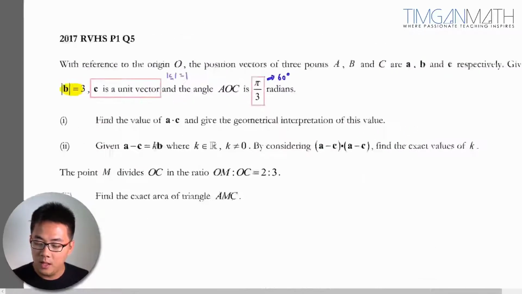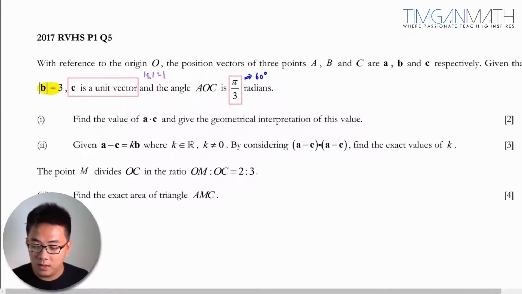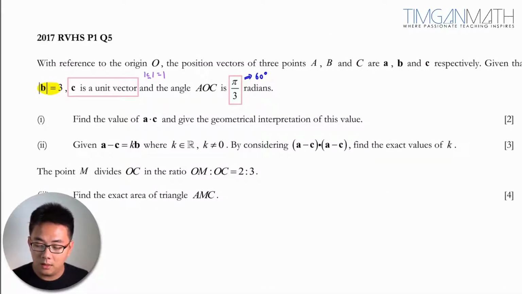Now find the value of A dot C, and give the geometrical interpretation of the value of A dot C. That's not too bad, I think. First of all, try to understand where the vectors are in the diagram.